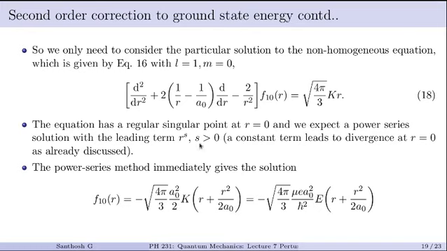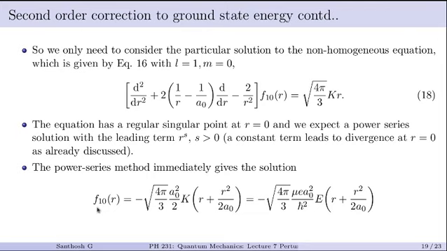And the value of s will be determined by the corresponding indicial equation, and it can be worked out, and the power series method immediately gives the solution given by this expression. So f10 is equal to this prefactor multiplying r plus r square by 2a0.